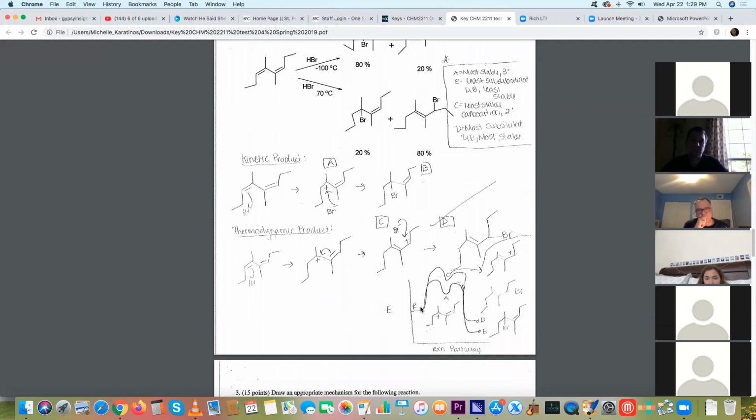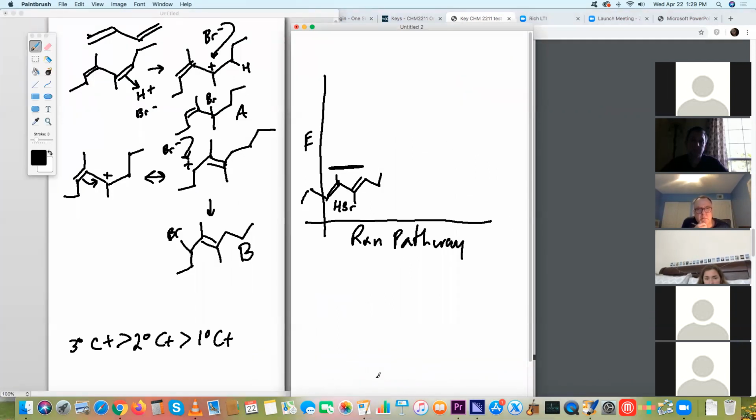So you end up getting this energy diagram that looks like that. And it's a double peak situation like this. And specifically, you'll see that one peak is less than the other.